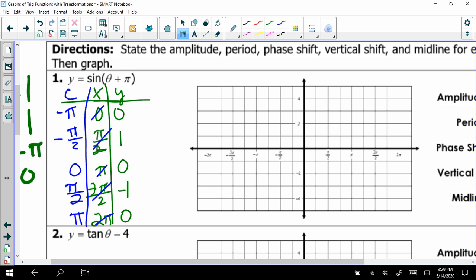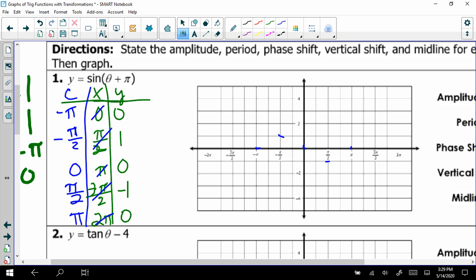Okay, so now this is my normal sine: 0, 1, 0, negative 1, 0. And what this is going to do is move all of these values to the left pi. So what was 0, 0 became negative pi, 0.